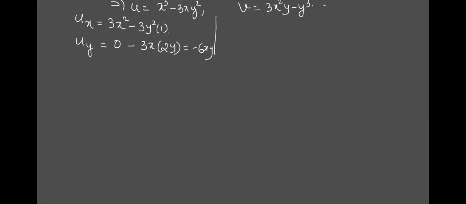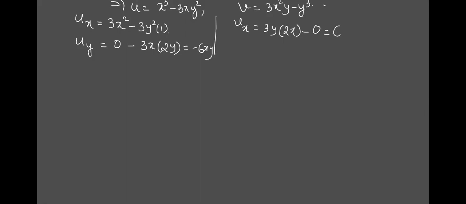Now take v and do a similar thing with respect to x first. What is the derivative of 3x square y? 3y is constant, and the derivative of x square is 2x, so 6xy. The derivative of y cube with respect to x is 0.